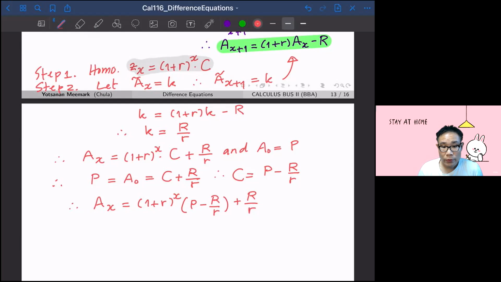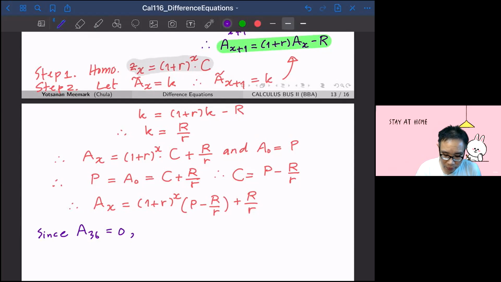This one will be the amount of money that you want to pay in x months. Oh, sorry, this is the amount of debt that you have in x months. Since a_36 equals 0, you would like to pay off this debt in 36 months.